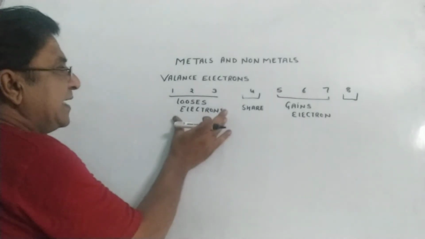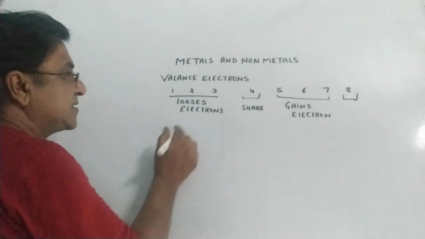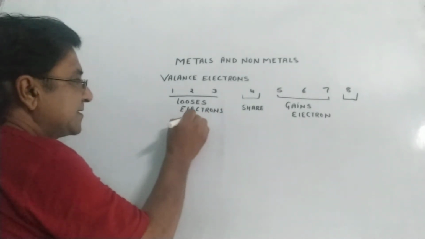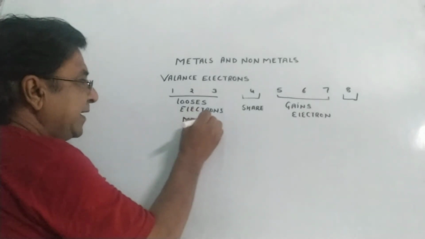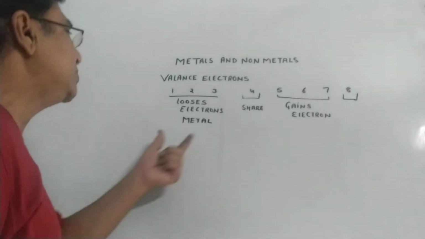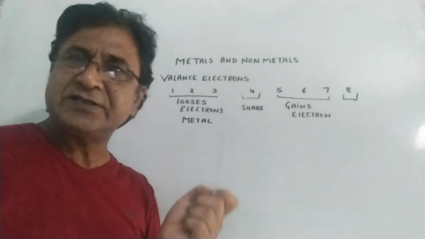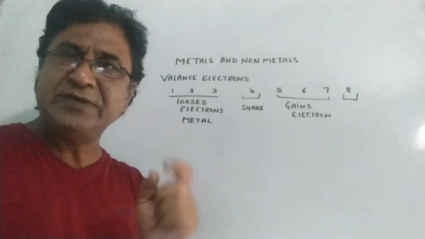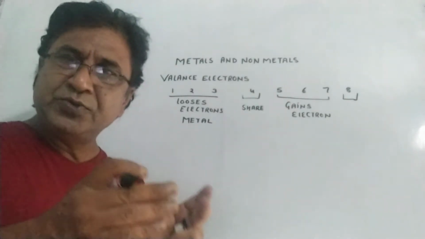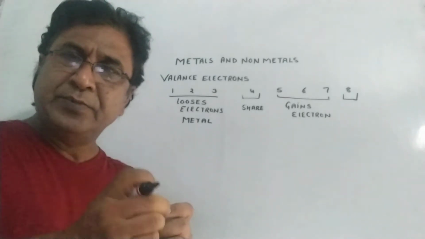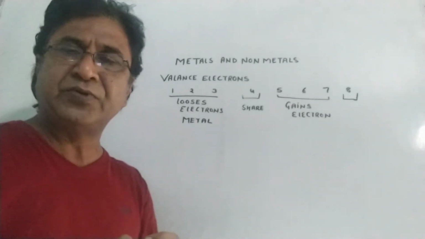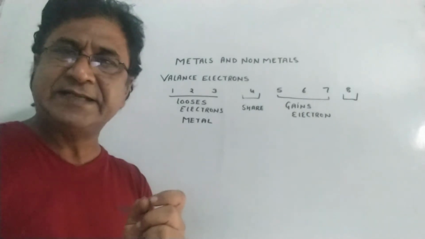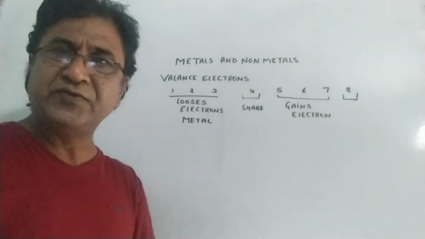The atoms of the elements which lose electrons are metals. Whenever an atom loses its electron, it is losing its electron charge, means negative charge. Usually in an atom, the number of positive charge, that is proton, and number of electron, that is negative charge, are equal, so atom is neutral.